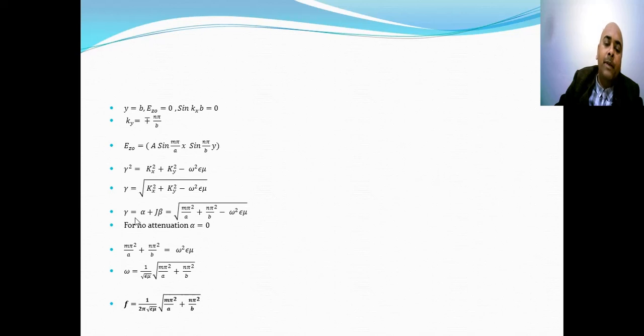Now gamma can be written as alpha plus j beta, and in case of no attenuation, the value of alpha should be equal to 0, and gamma will be equal to 0 when m pi by a square plus n pi by b square is equal to omega square into epsilon naught into mu, or from here the frequency comes out to be 1 upon 2 pi root of mu into epsilon naught into square root of m pi by a square plus n pi by b square.